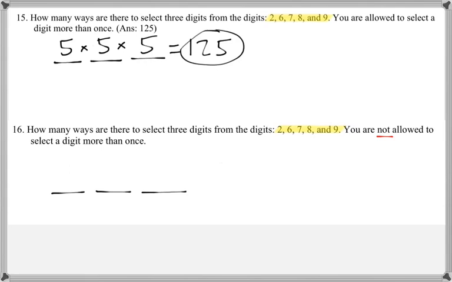So I have 5 options for the first digit that I select. But then, no matter what digit I select for my first digit, I only have 4 left for the second number that I select. So this is going to be times 4 because there's only 4 numbers left.